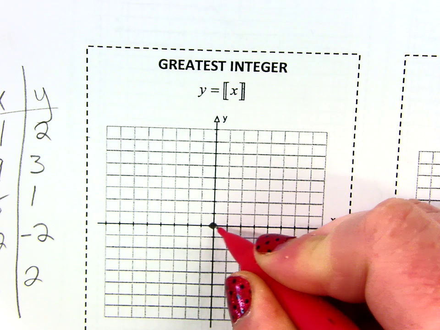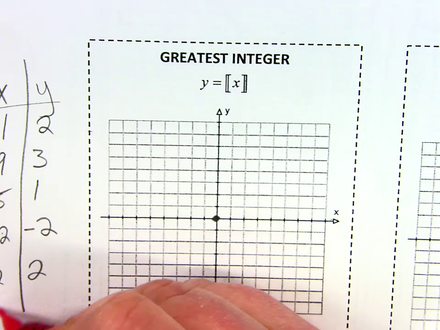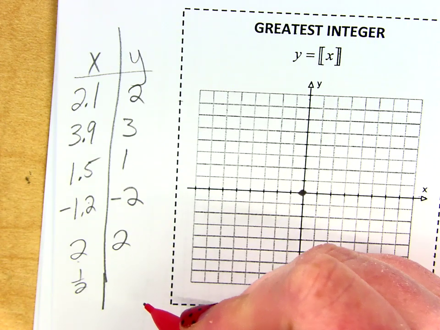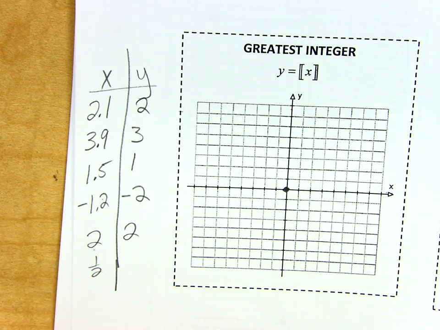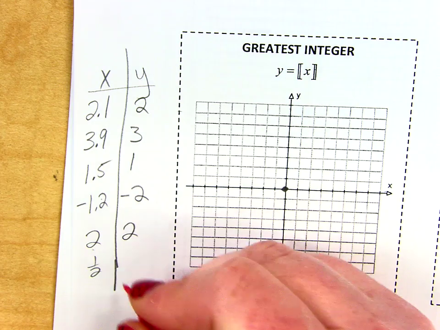If I plug in a half, what do I get out? Oh, sorry. It's on the other side. If I plug in a half, what's the integer less than or equal to a half? 0.